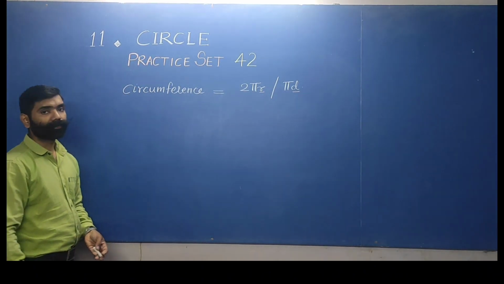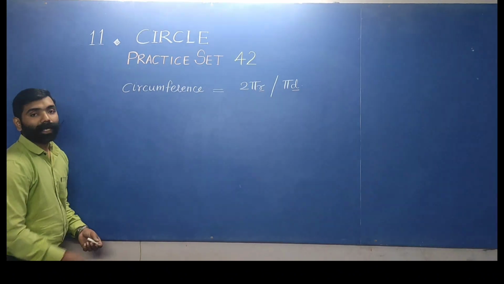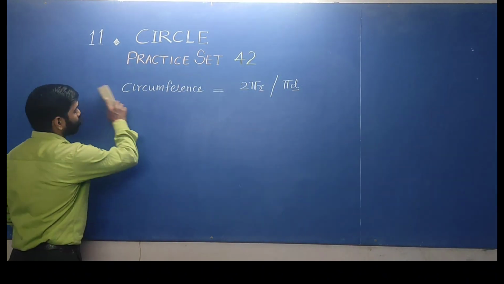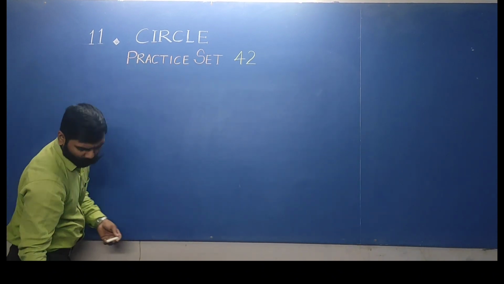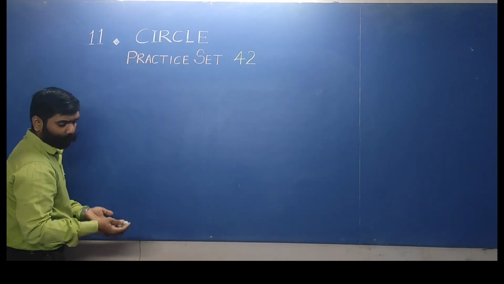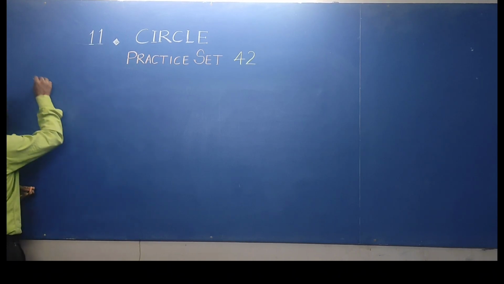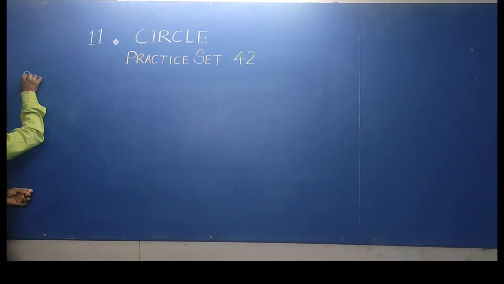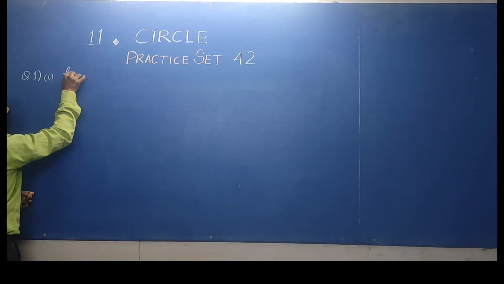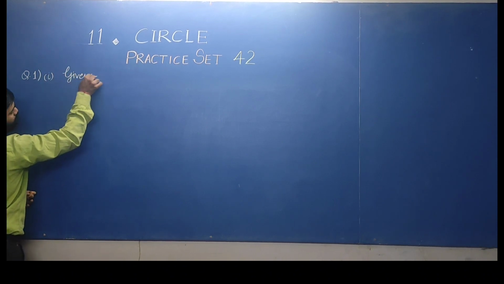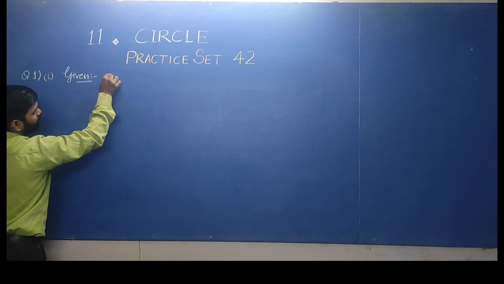Okay students, let's start with the practice set. First question. Now this is the formula which we have seen just now. In the first question, the given part is radius.